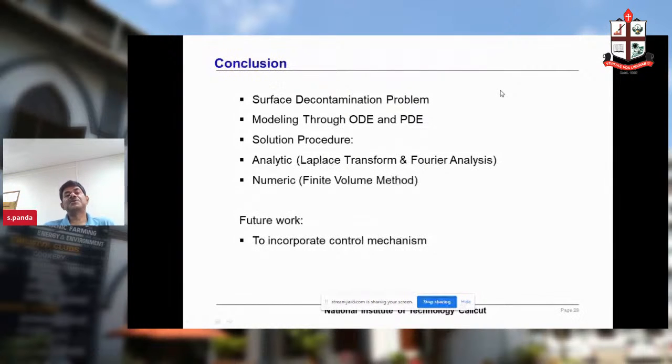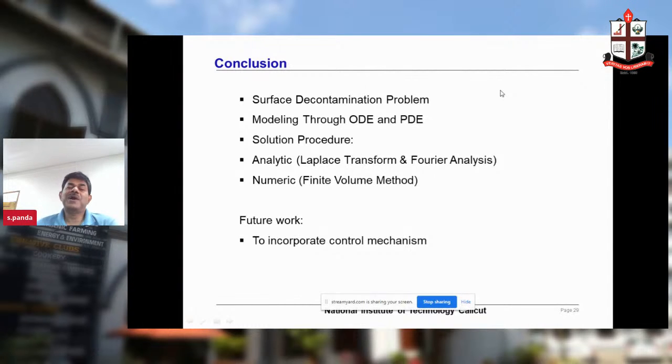So I have to now conclude. It is just a basic idea, but it is relevant in this case. What I have told you is the surface decontamination problem, that means how mathematics is cleaning this world. Another one is how to model. You can start with a simple ordinary differential equation, and that is always a strategy for modeling.